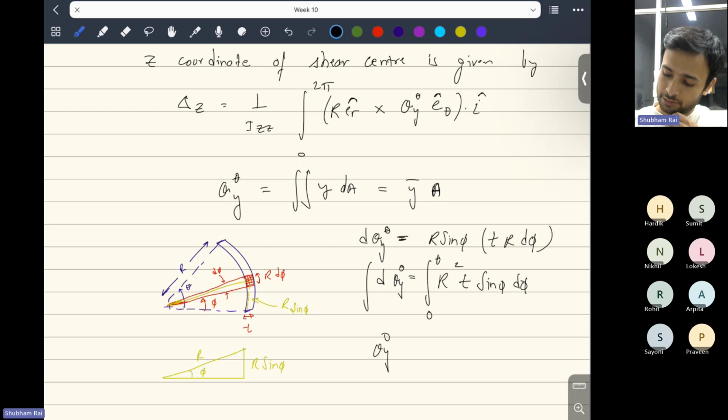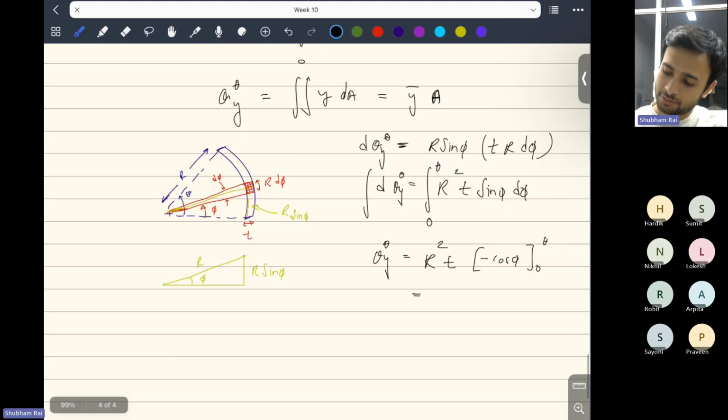Finally, your qy theta will be r square is a constant, t is a constant, and the integration of sine phi will be minus cos phi going from 0 to theta.